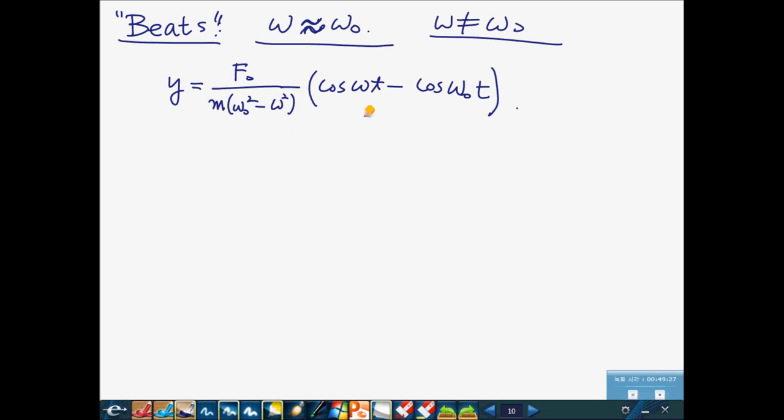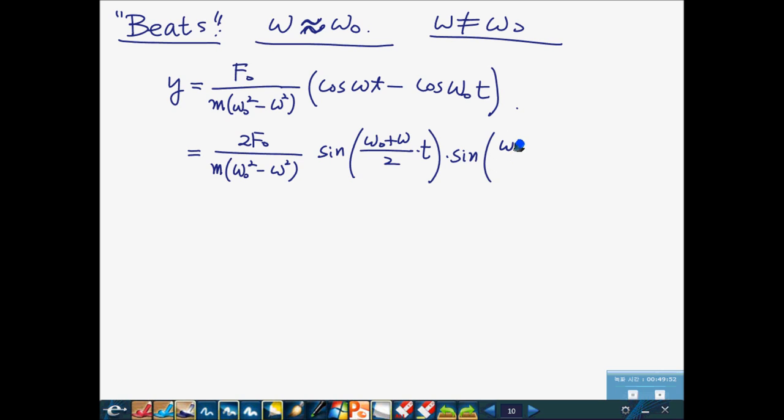And omega naught is not equal yet, so you have to make it separate, right? Then you can always convert this to this: f naught over m times omega naught square minus omega square, times sine of omega naught plus omega over 2 times t, times another sine of omega naught minus omega over 2 times t.